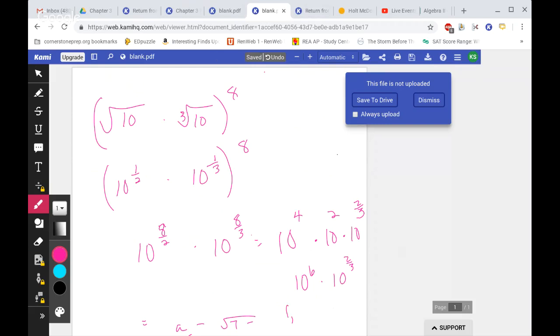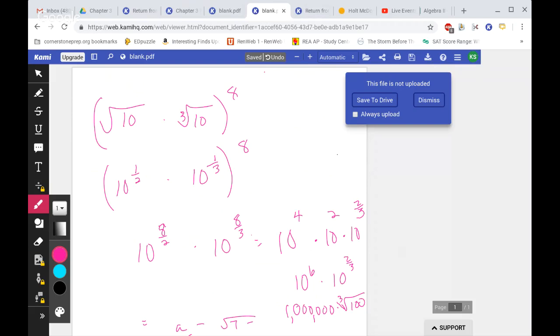It's 1, 2, 3, 4, 5, 6. And then they have it times the cubed root of 100 as the final answer. Okay. So it'd be 10 to the 6th times the cubed root of 100. Yes. Does that make sense? Yeah, I was just overthinking it, I think.